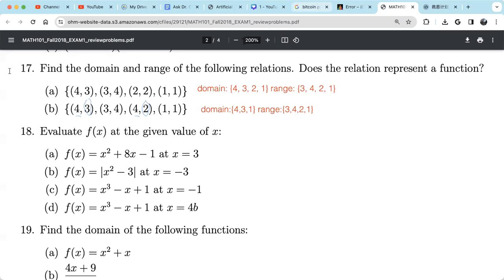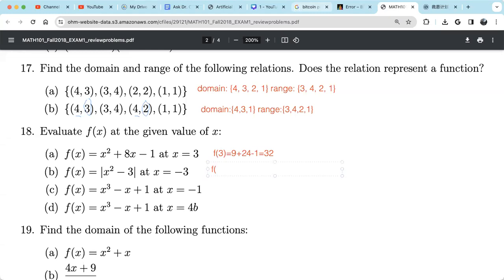Let's finish 18. We want to evaluate at x equals 3. So we just write f of 3. That's 3 squared, which is 9, plus 3 times 8, that's 24, then minus 1. 9 minus 1 is 8. 24 plus 8 is 32.